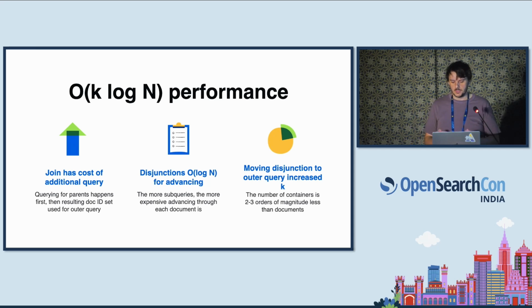However, when moving that operation, which was a log n operation, that updating the maintenance on that priority queue, to the outer query, it ended up happening over a much larger number of documents, 2 to 3 orders of magnitude more documents. And as a result of that, the join was actually helping us there, even though it was doing an upfront query.